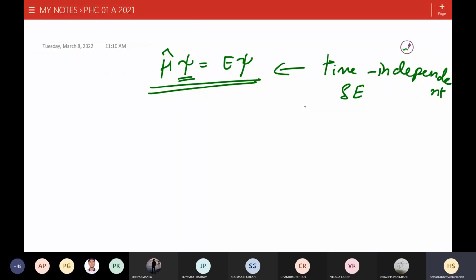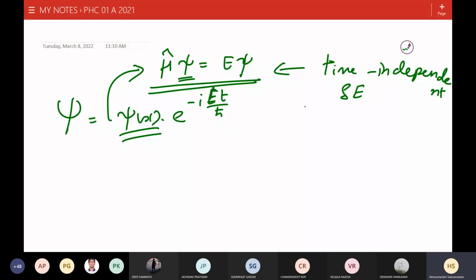The full psi is psi of x times e power minus i E t over h cross. So our goal is to find psi of x, lowercase psi of x.